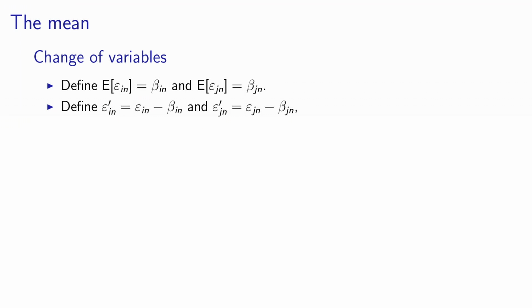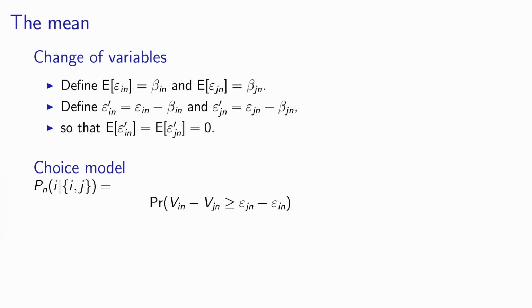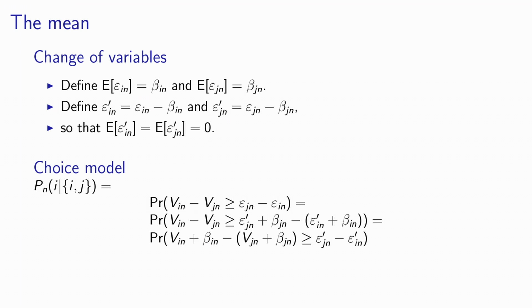Doing so, I obtain a new variable, epsilon prime in, with a mean equal to 0. Doing so doesn't affect the choice probability, as you can see here. This probability is completely equivalent to this one, which is also equivalent to this one, and is completely equivalent to this one.